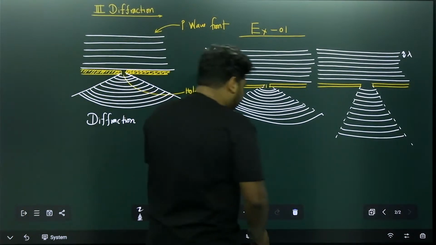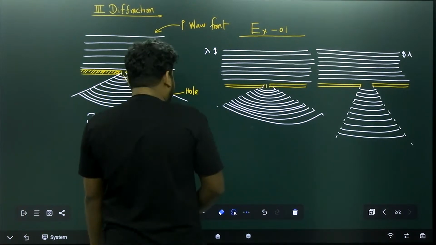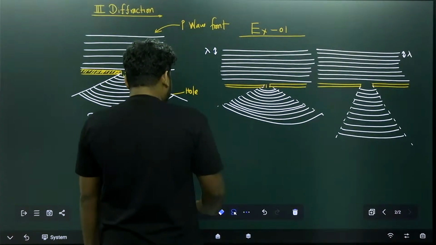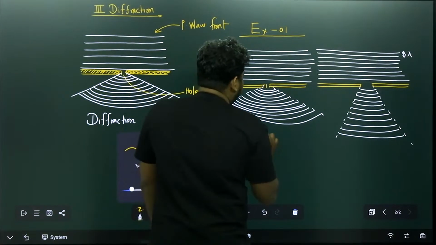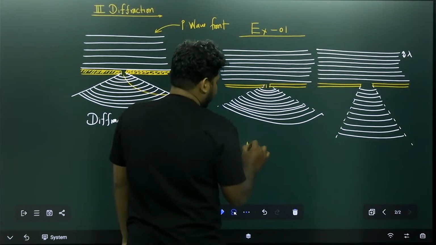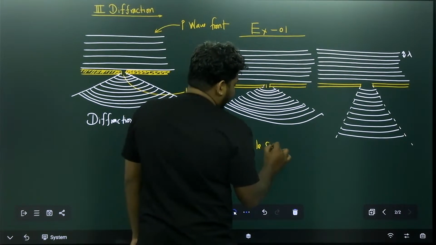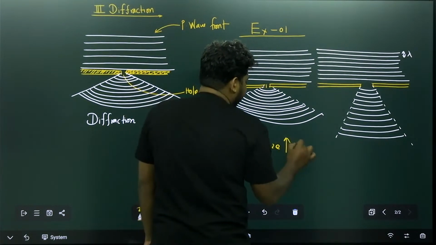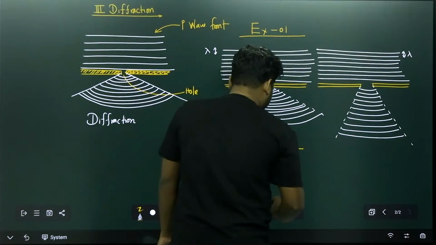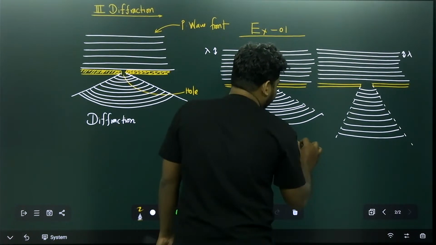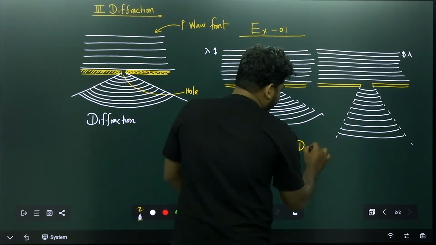So I can write down a statement here. When the hole size increases, the diffraction or dispersion will reduce.